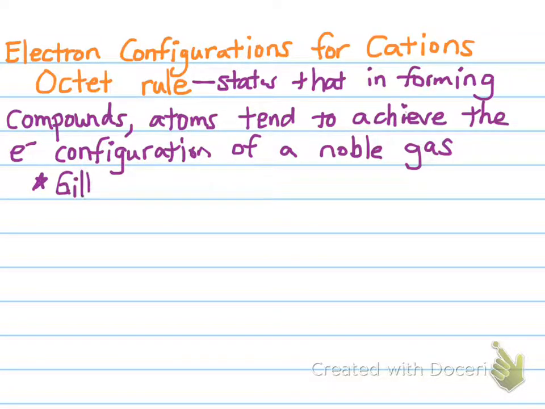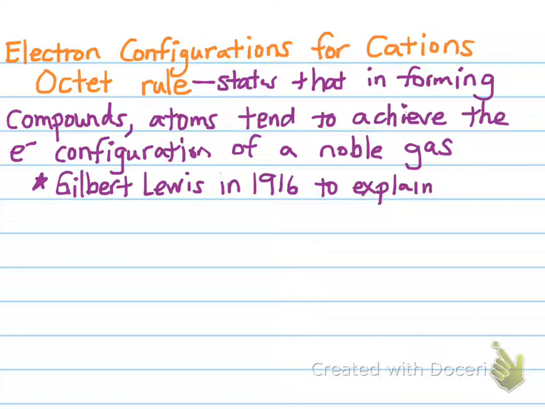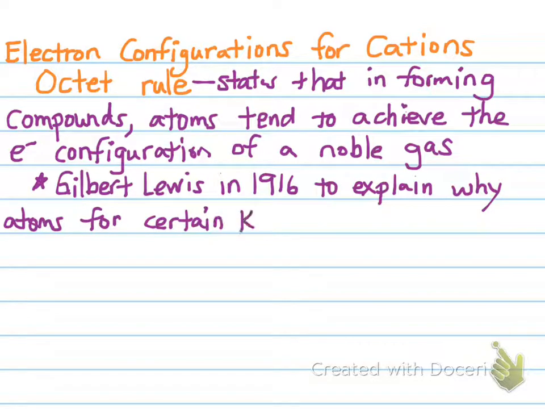Gilbert Lewis in 1916 came up with this rule to explain why atoms form certain kinds of ions and molecules.